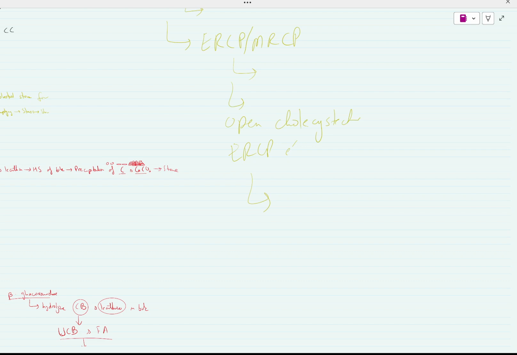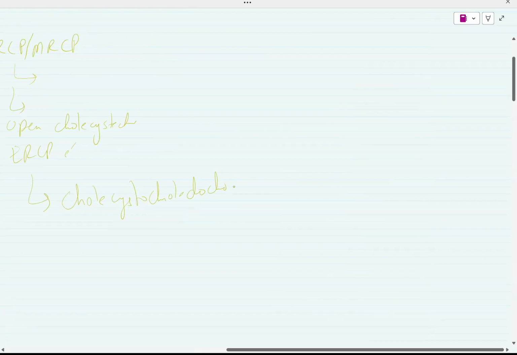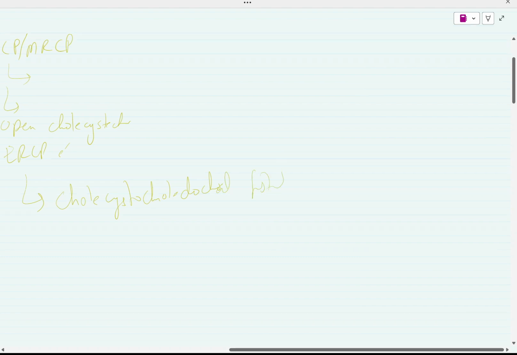Patient can have choledochal fistula. This is the complication of Mirizzi syndrome.